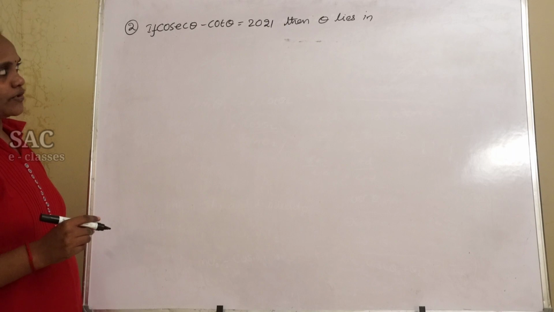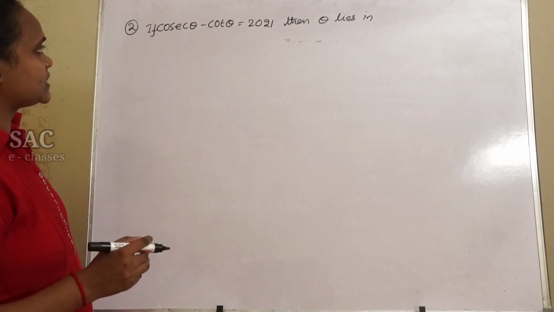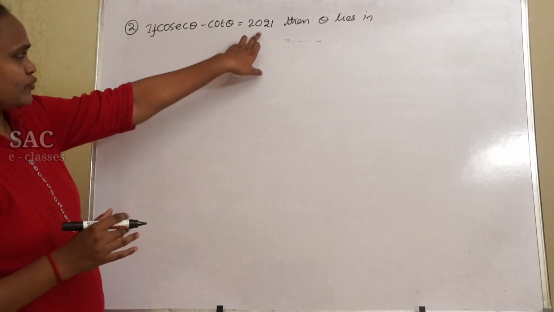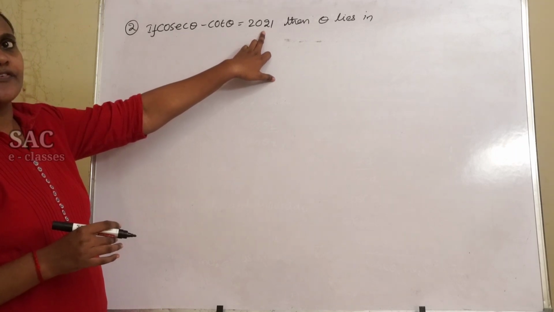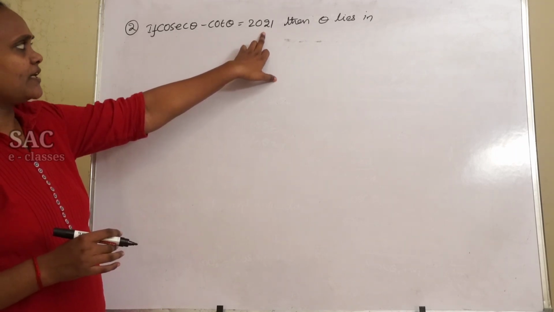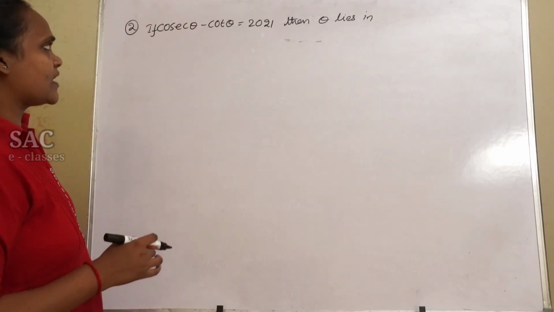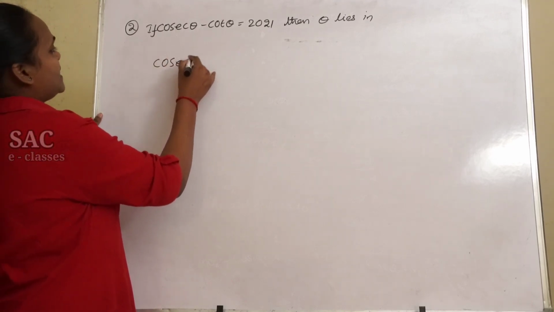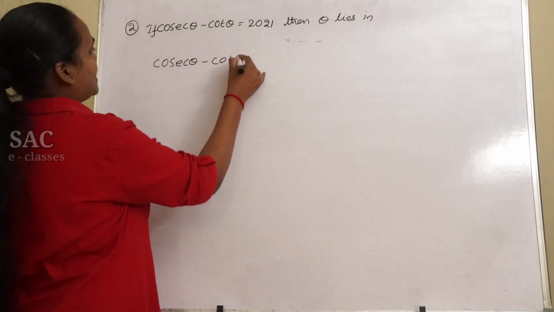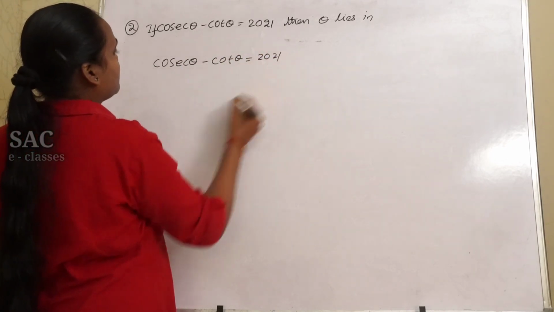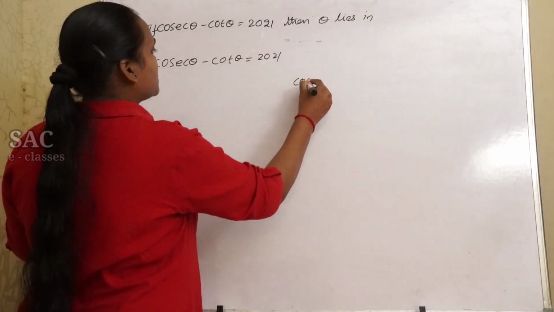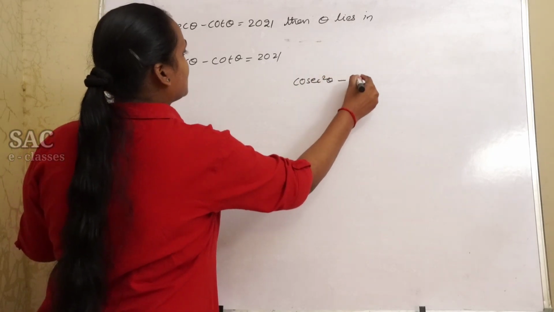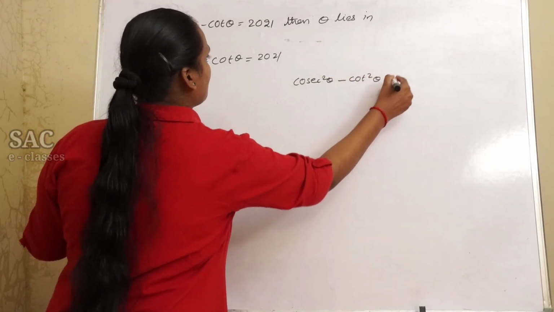The next PYQ was given in the MSET 2017, but they gave 2017 here; I modified it as 2021. They are asking in which quadrant it lies. Very simple. We know cosecant theta minus cot theta is equal to 2021. We know that cosecant square theta minus cot square theta is equal to 1.